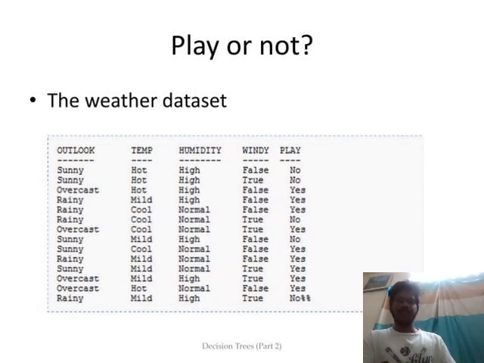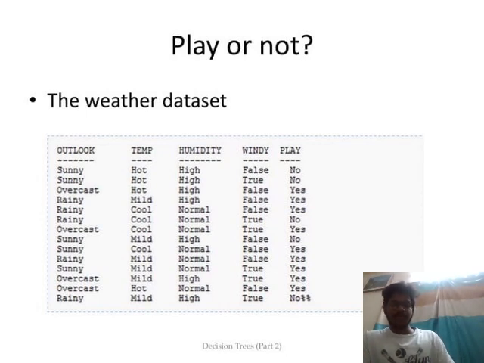In play, we should give only yes or no, and in windy, true or false, and in humidity, normal or high, and in temperature, we can give hot, cold, mild, and in outlook, we can give sunny, overcast, rainy. And using this, we have created a data set, and we can see some data here.